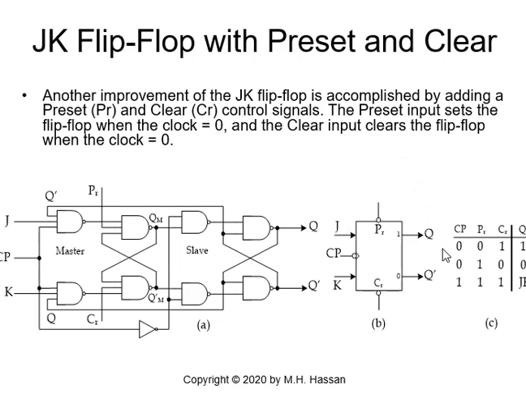So when the clock is 0, it means that this would be asynchronous, independent of the clock. We see that if the preset is 0, the output Q plus will be 1. If the preset is 1 and the clear is 0, the output will be 0.